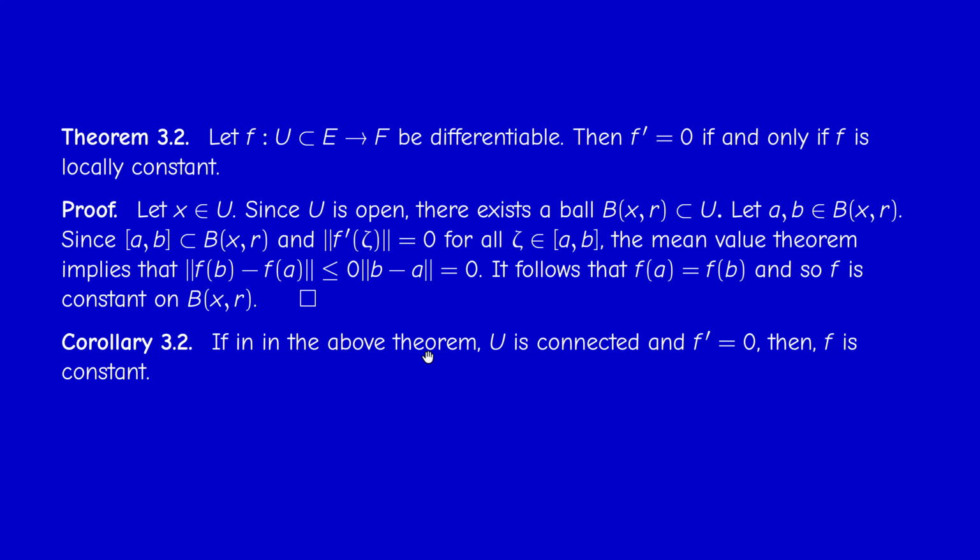So we have a topological condition, which is just connectedness, that permits me to say that if the derivative is 0, then f is constant. It's very important, and you use it all the time to compute integrals or solve differential equations. Whenever you have 0 derivative, you conclude that f is constant, but there is a very important assumption which generalizes the notion of interval, and it's called connectedness.